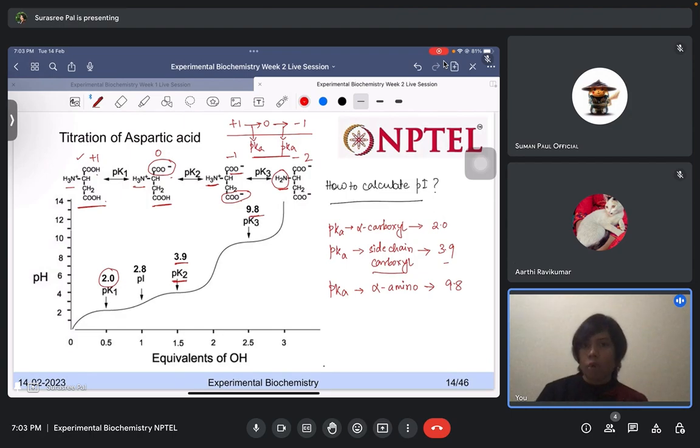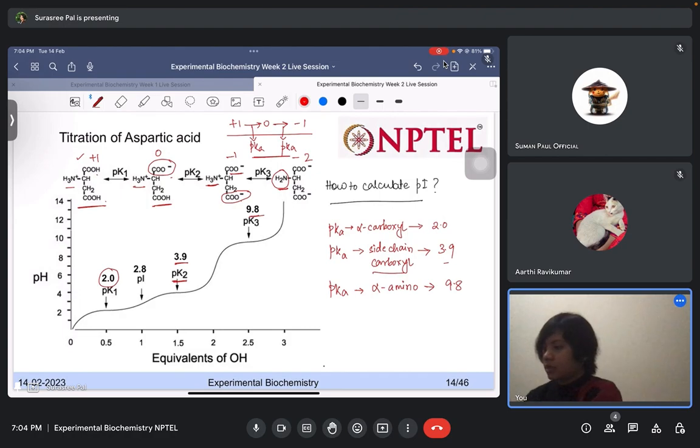So you have to consider what? When the molecule is changing from +1 to 0, what is the pKa which is allowing this change of the charge from +1 to 0, and what is the pKa which is allowing the change of 0 to -1?